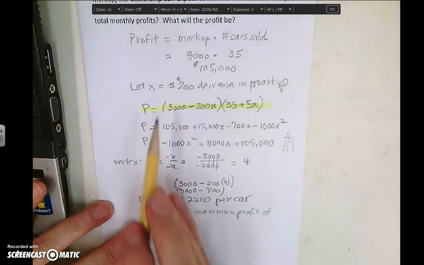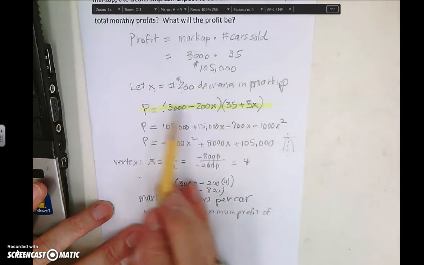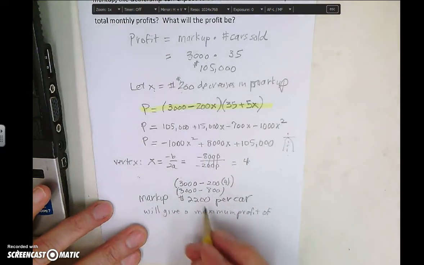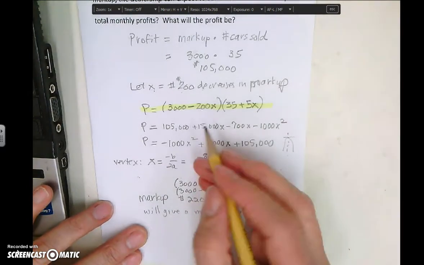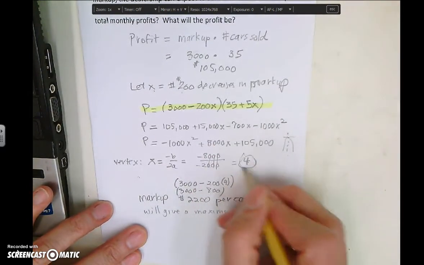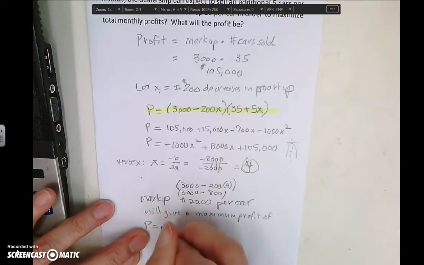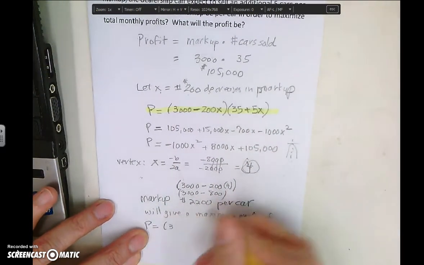And to calculate the maximum profit, we're going to come back into our equation up here. So here's where we did our markup, 3,000 minus 200x. And we're going to then put our 4 into this equation. So our maximum profit then will be, well, we've already calculated that.